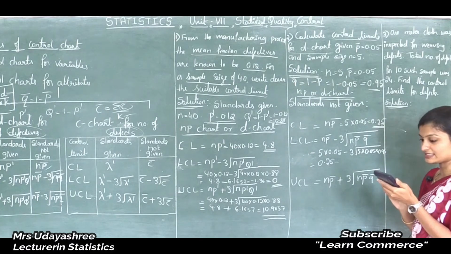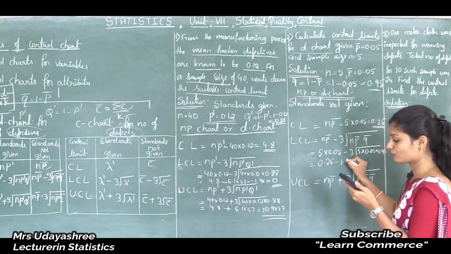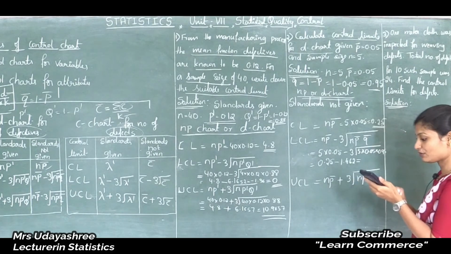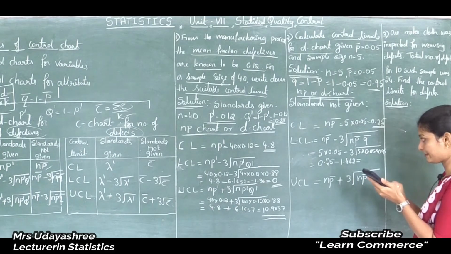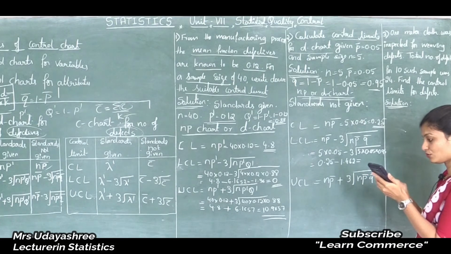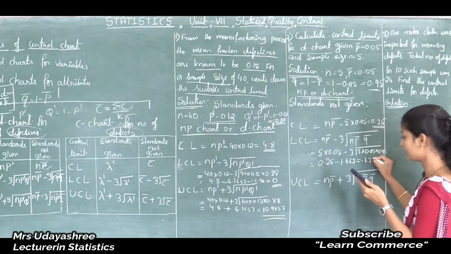The square root of that answer into 3 gives 1.462. So this is equal to 0.25 minus 1.462, that is minus 1.21.